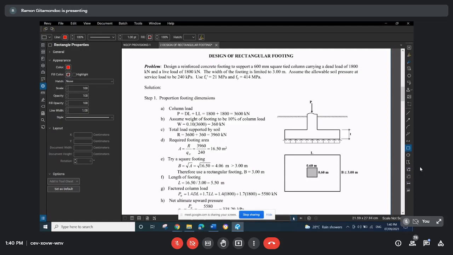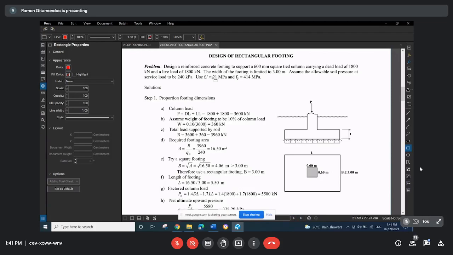So again, in this case, there are certain preliminary data that we need to determine before we can design the footing, such as the size of the column. We need to know the load carried by the column, which is to be transmitted to the footing. Then we also need to know the allowable soil bearing capacity, and we have to determine the material strengths, both for concrete and for steel.